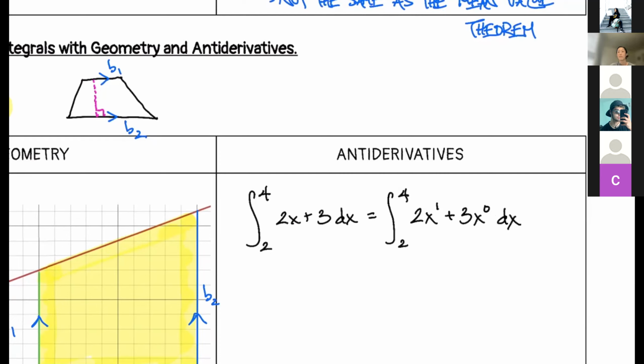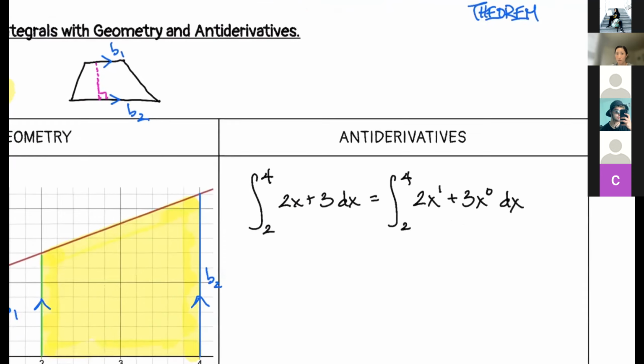Okay. So all I've done is rewrite it so that I can see the powers, because just like folks did earlier, we're going to go ahead and find the antiderivative by using the power rule. That's sort of like our one rule that we know so far, okay?